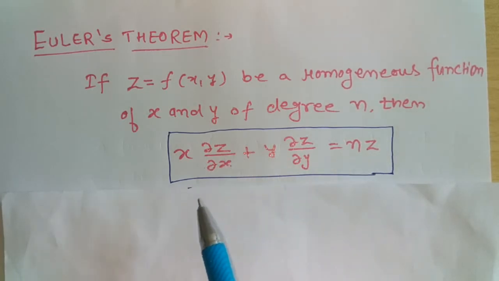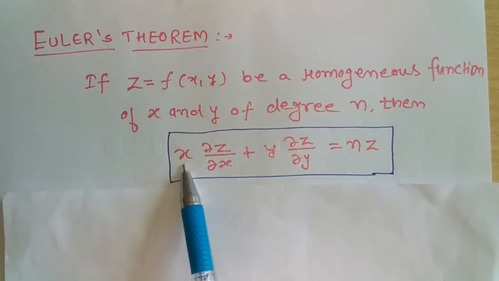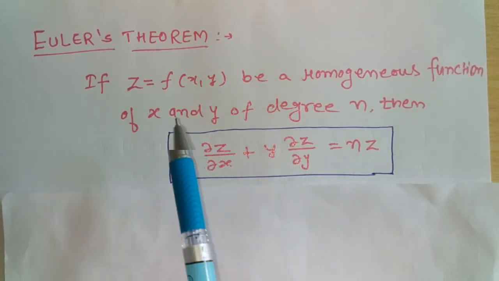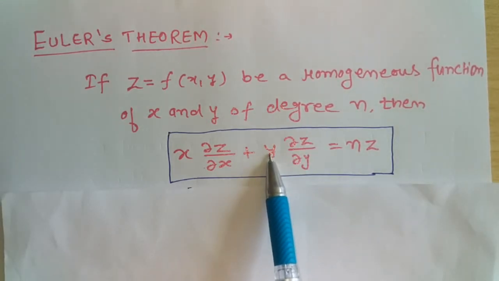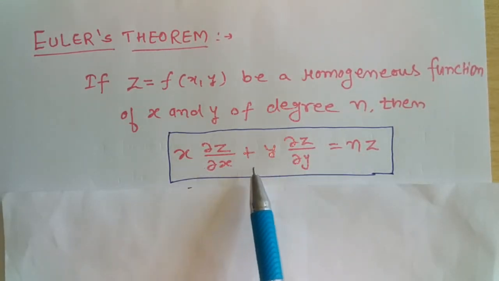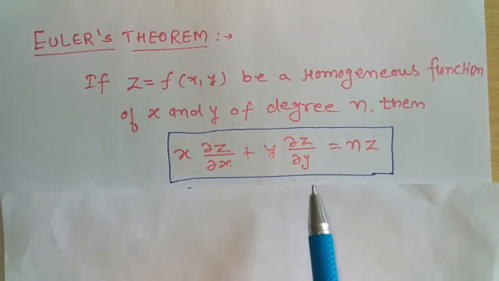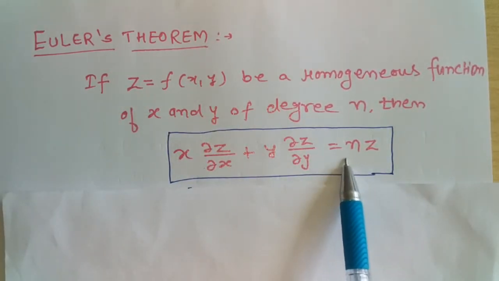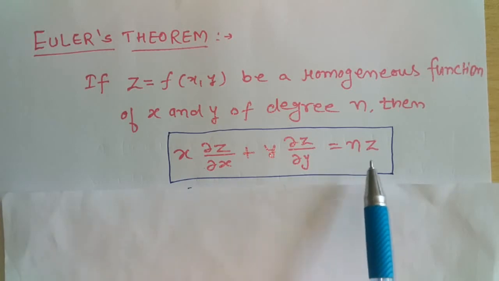That is, the partial derivative of z with respect to x multiplied by x and the partial derivative of z with respect to y multiplied by y, then their sum gives n times z, where n is the degree of the homogeneous function. So this is the statement of Euler Theorem.